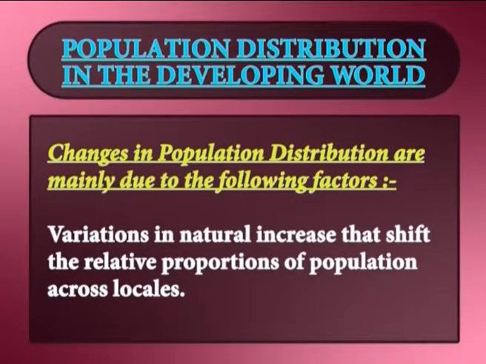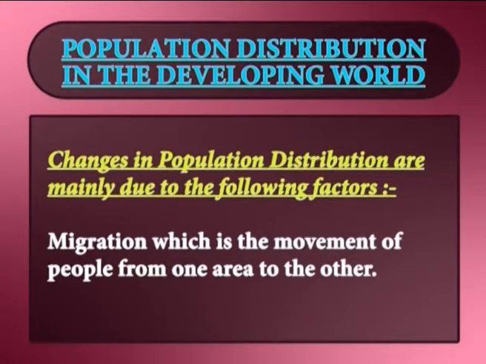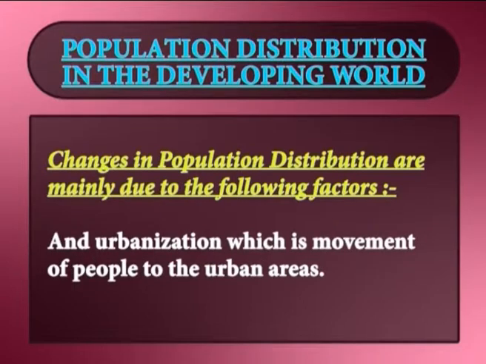Changes in the population distribution are mainly due to the following factors. Firstly, variations in natural increase that shift the relative proportions of population across locales. Secondly, migration, which is movement of people from one area to the other. And urbanization, which is movement of people to the urban areas.